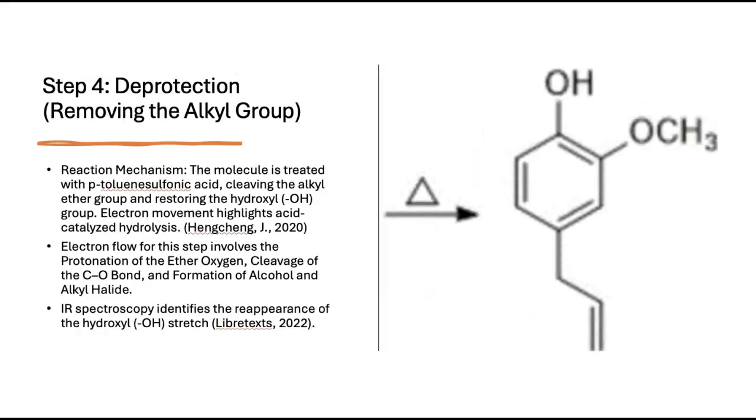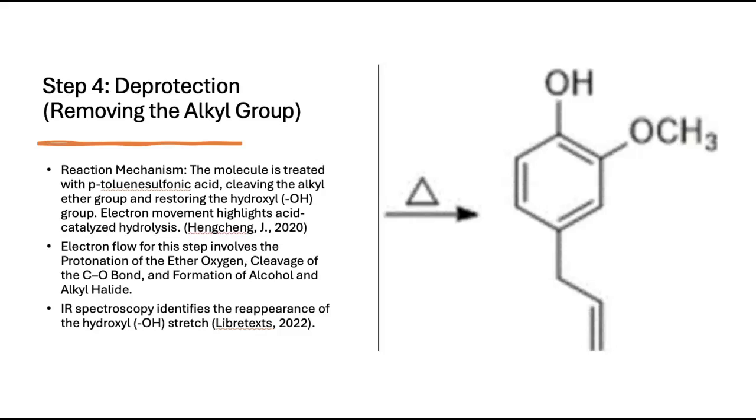For our fourth step, we discuss deprotection, which is a process that removes the alkyl group from a molecule to restore its original functional group, usually using acids or special reagents. For example, if a hydroxyl group was protected as OCH3, acids like HBr break the bond, freeing the OH.